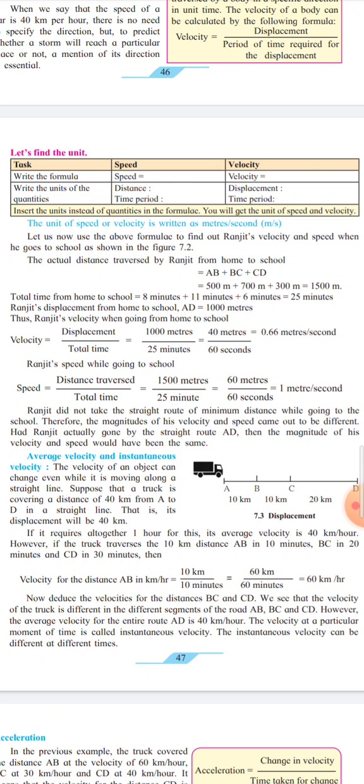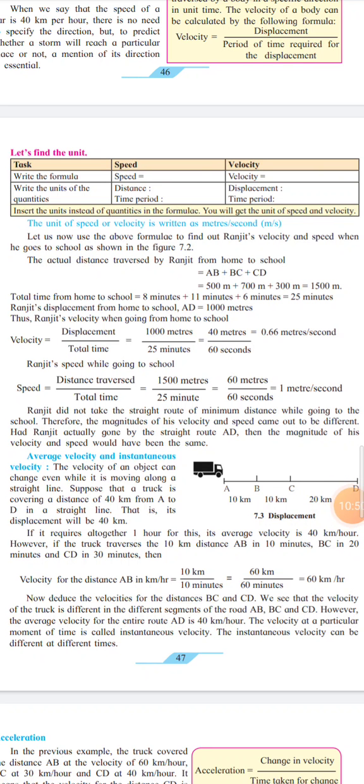The total distance is 20 kilometers and time taken is 30 minutes. So if we are considering just a particular point's velocity, then it is called instantaneous velocity. The velocity at a particular moment of time is called instantaneous velocity. The instantaneous velocity can be different at different times.